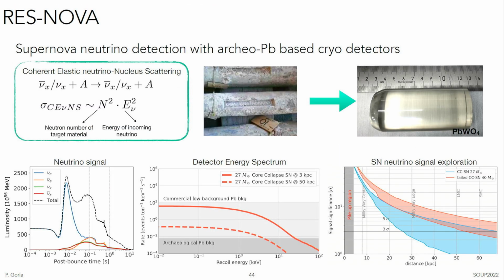And this is another proposal for the future, that is to use neutrino scattering over nuclei to measure supernova neutrinos, and solid material through this coherent neutrino scattering can be a strong boost of the supernova neutrino signal. So it's very interesting also, this one.